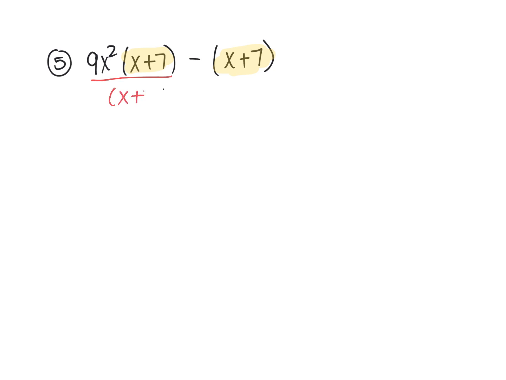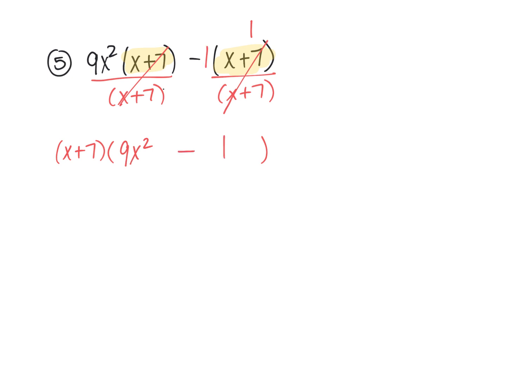We're going to divide both pieces by x plus 7. We put the GCF on the outside, followed by an open parenthesis, and then we divide. So these two divide here, and they cancel. You're left with the 9x squared. Now these two cancel, but anything divided by itself is 1. So it would help maybe to put that 1 in front so that you don't forget it. So now we have 9x squared.